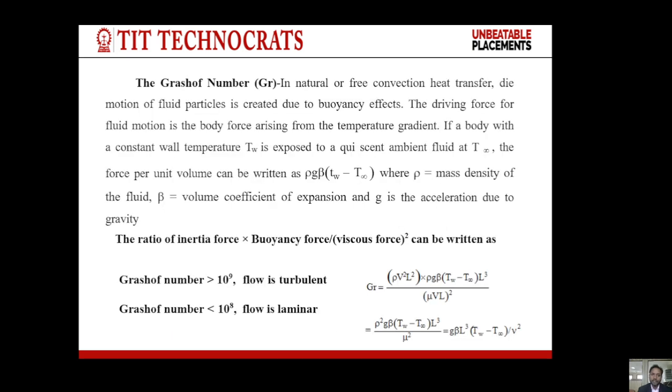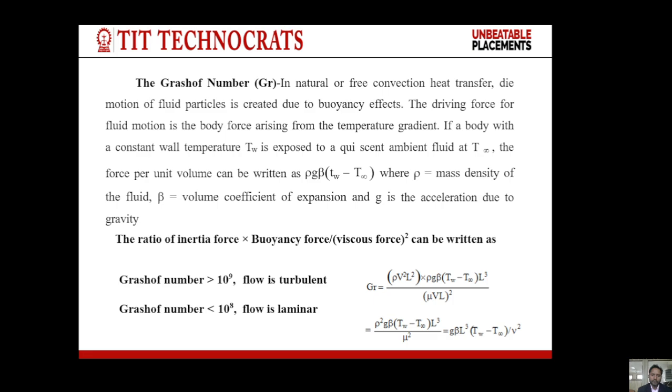So the next number is the Grashof number. As in case of fluid flow, we differentiate the type of flow by using the dimensionless term Reynolds number, similarly in case of heat transfer, for free convection we will use the term Grashof number, and it will be used to differentiate between the types of flow.